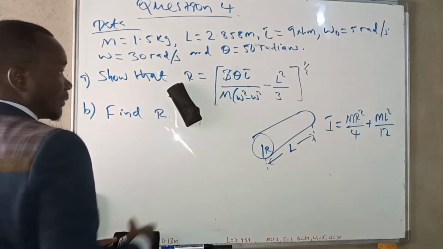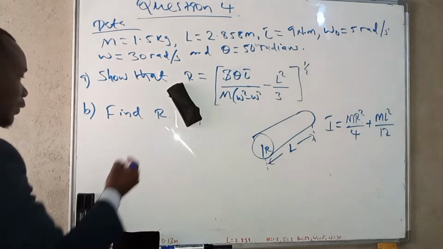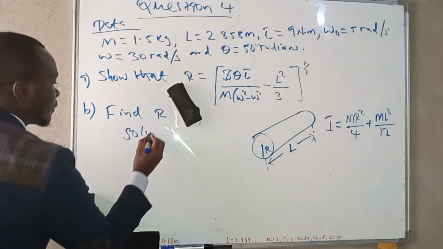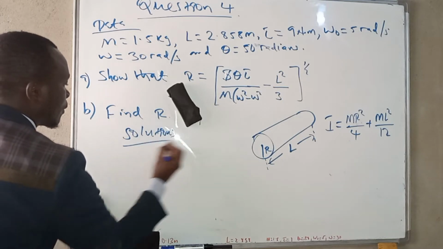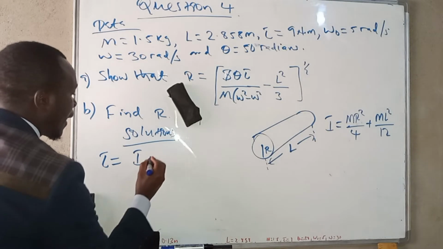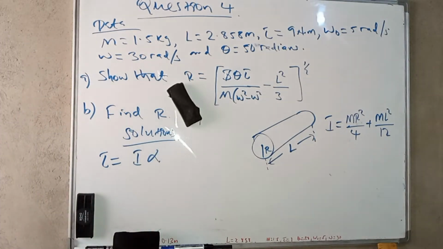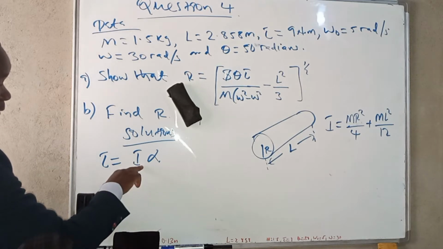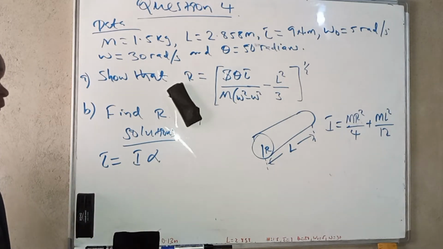And we know that we have the aspect of torque here. We know that torque is equal to I alpha. This is moment of inertia, this is the angular acceleration, and this is the torque.